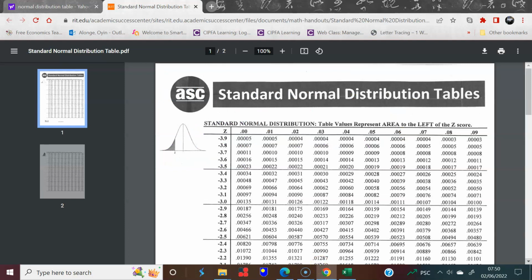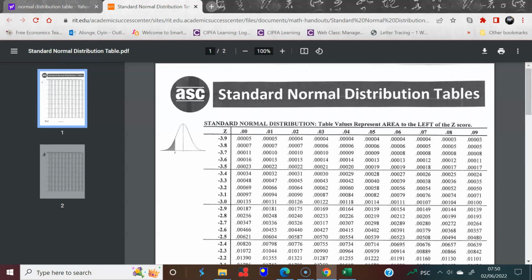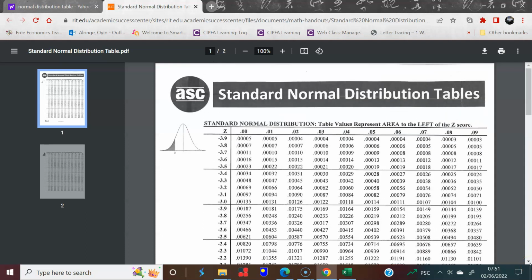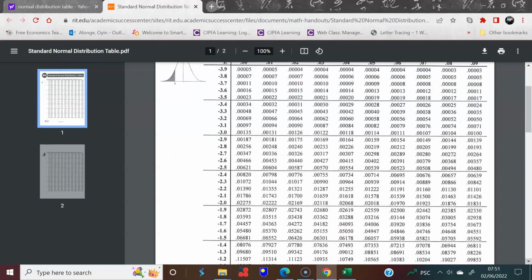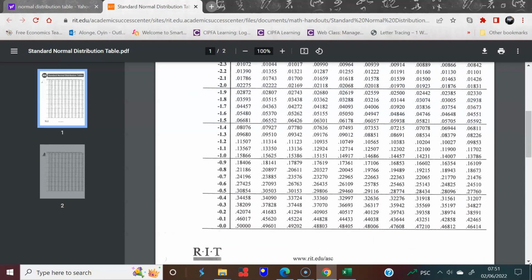Because I'm interested in the Z score of minus 0.5, this table gives you Z scores here and gives you, inside here, the probability. The percentage probability starts, of course, from the negative minus 3 points. So I'm looking for minus 0.5, which is the Z score, literally minus 0.50.